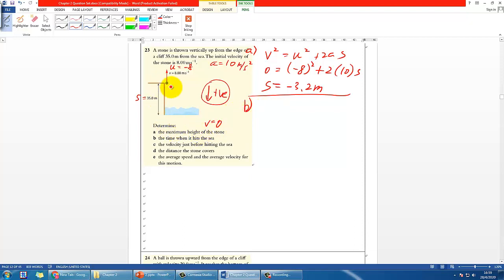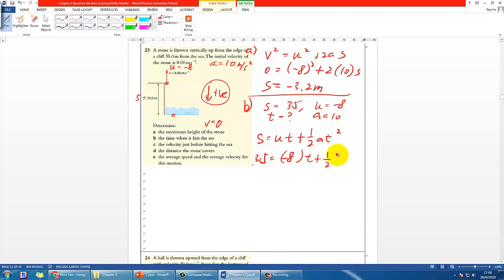When it goes from the beginning until it hits the sea, the displacement s is 35, u is -8, a is 10, and you want to find the time t. So the equation should be s equals ut plus half at squared. Substitute -8t plus half times 10 t squared.